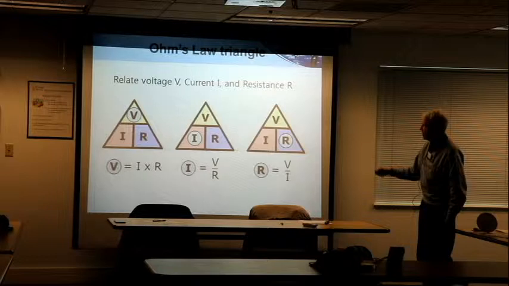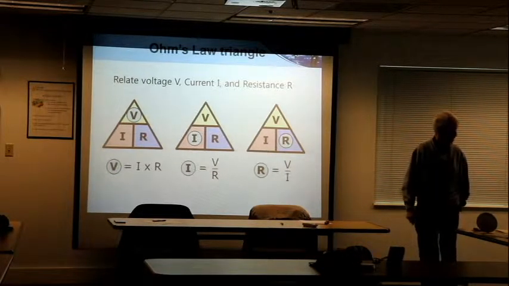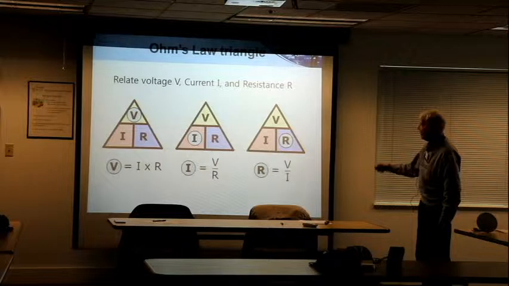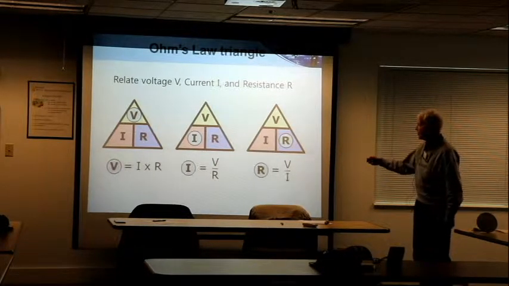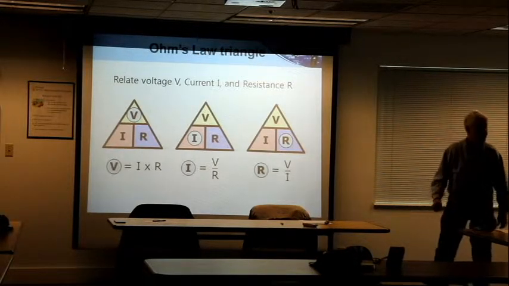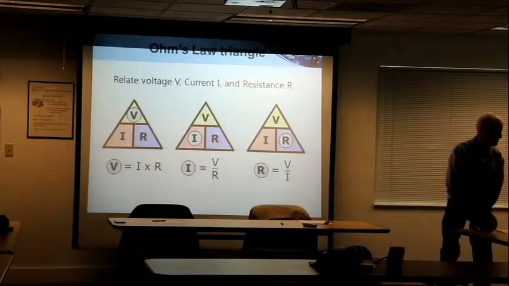So it's a quotient, V over R, which is equal to I. Some of you like to play algebra, so you'll see how that came out anyway. Similarly, if you want to know the resistance that's bearing the current I and has a voltage V across it, then you see it's a quotient between V and I, because there's a line below the V, to give you the resistance.